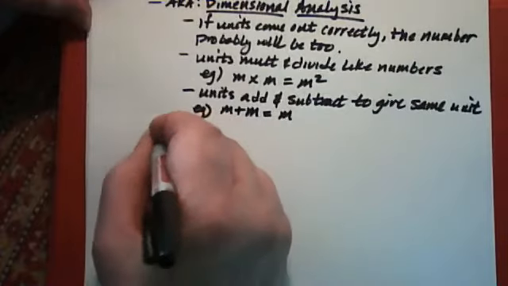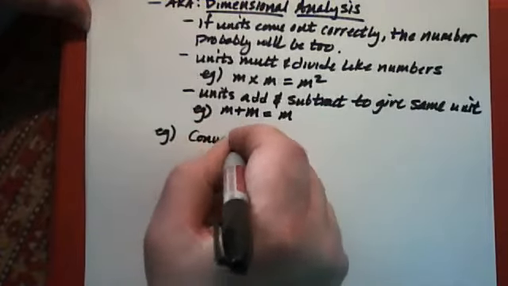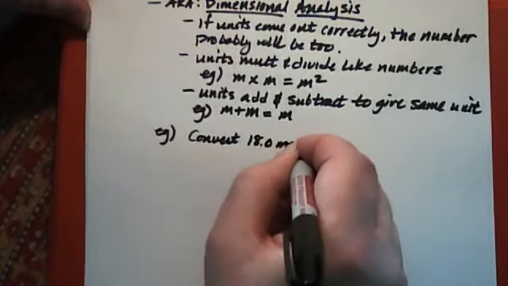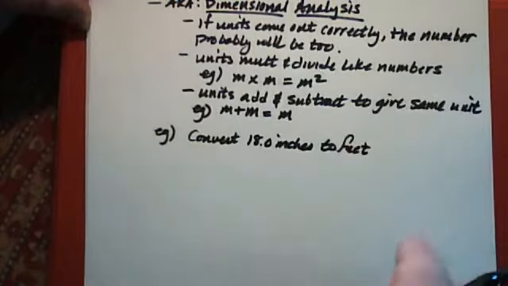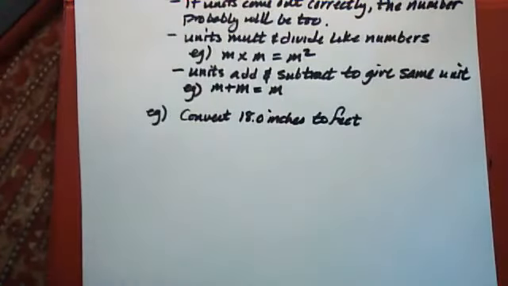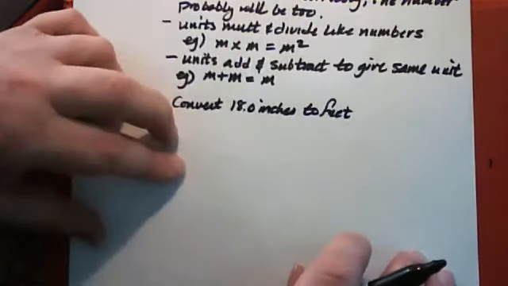An example of a unit conversion, a pretty simple, straightforward example to show us the principles of how these things are done, would be to take something pretty obvious like 18 inches and convert to feet. Well, we already know 18 inches is 1.5 feet.